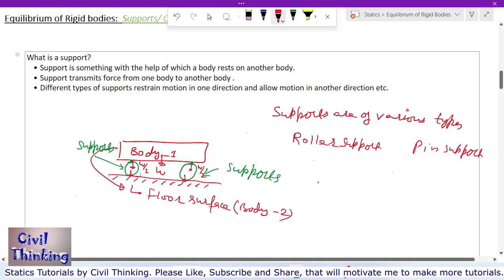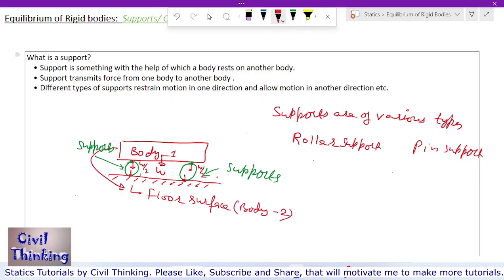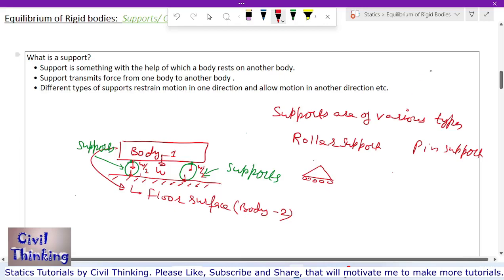Now what is a roller support? Roller support is something like this. These are known as roller supports, and you can show them in another way like this. This is the surface, body 2. Let me show it differently. Here we have a pin.